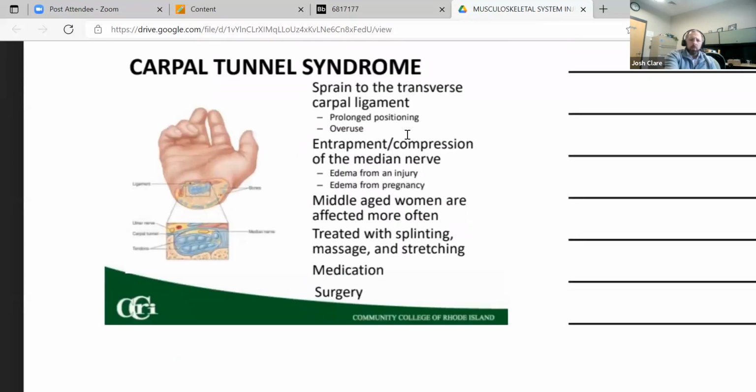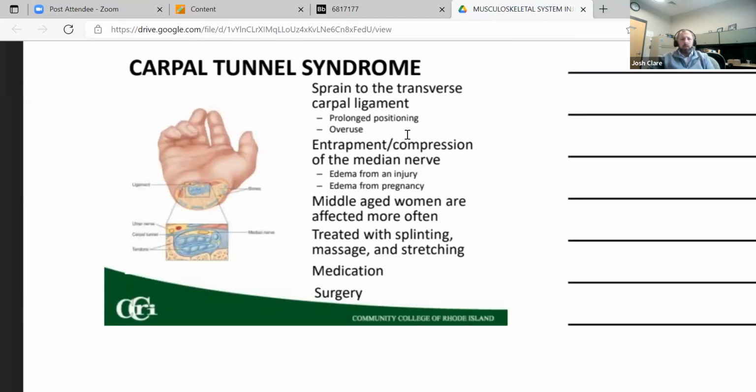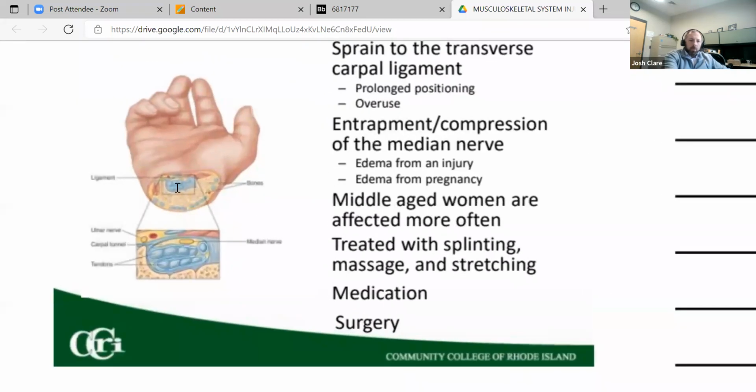And the last injury we'll talk about for now is carpal tunnel syndrome. This is where we have a sprain to the transverse ligament, either from overuse or prolonged poor positioning. The problem with that is we can entrap the median nerve that sits underneath of it. Right there, you can see.